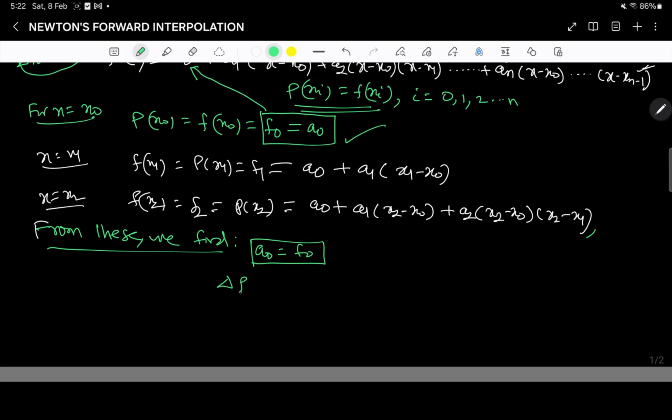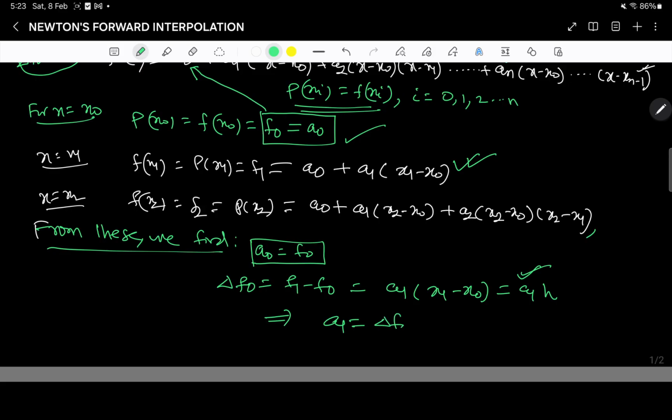It is f1 minus f0. This is the value of my f1, so it is a1 into (x1 minus x0). a0 is cancelled, and this is your h, so this is a1h. So what is the value of a1? Your a1 is del f0 divided by h.